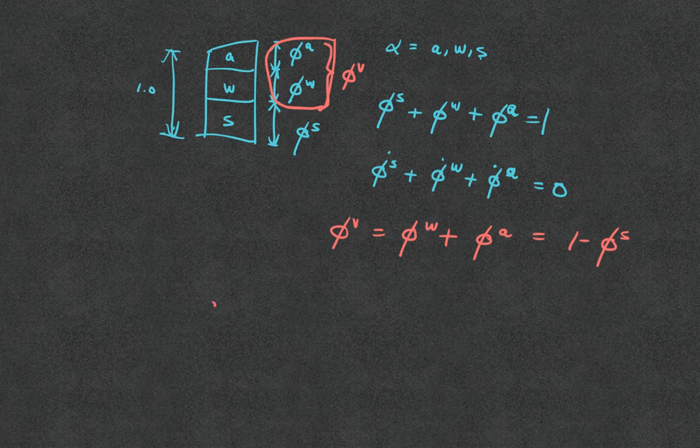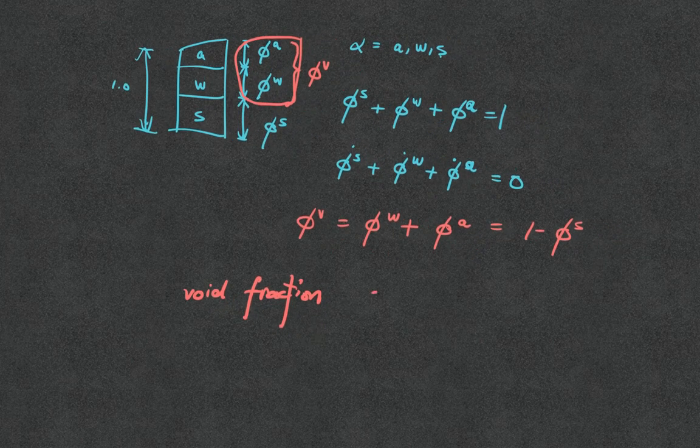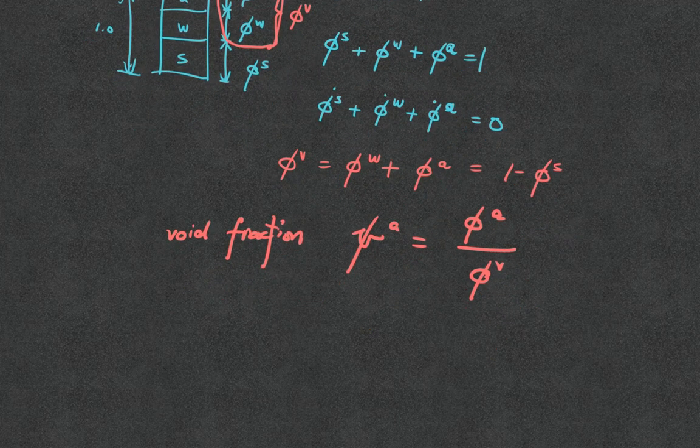So there's something called the void fraction, which is a different concept. It's just the fraction of the volume of the phase divided by the void fraction. Does that make sense? So this tells you how saturated the material is.